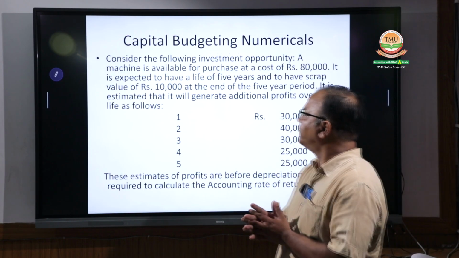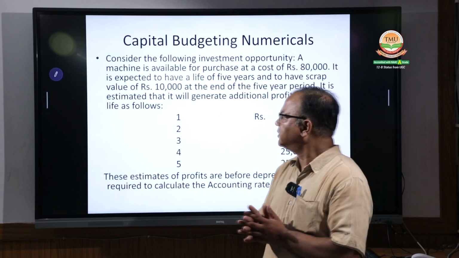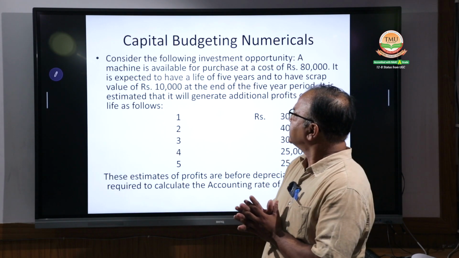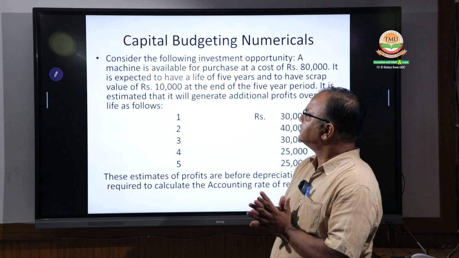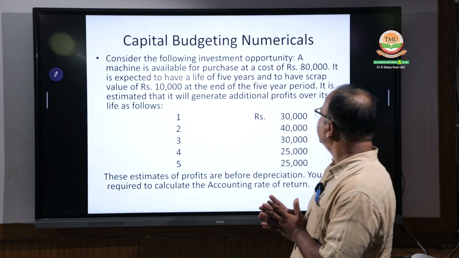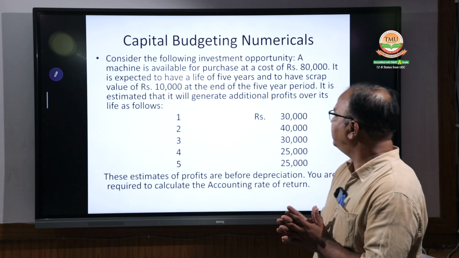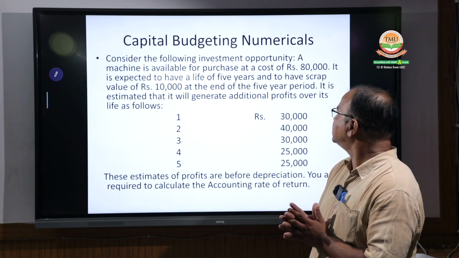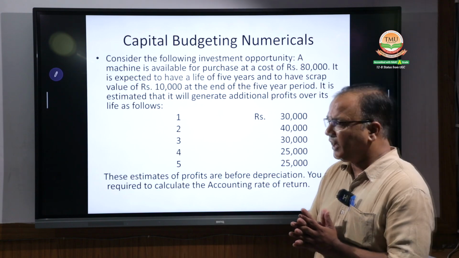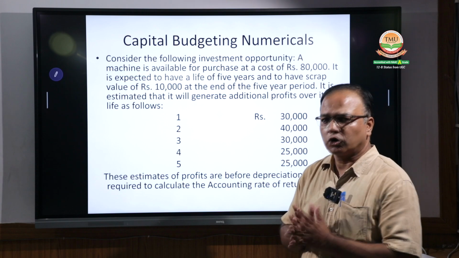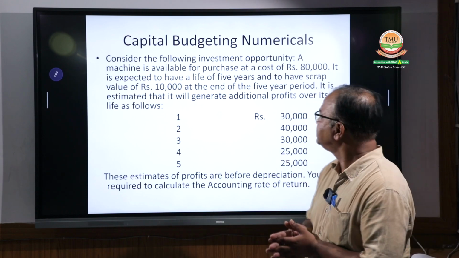This is problem number one. If we read it, consider the following investment opportunity. A machine is available for purchase at a cost of rupees 80,000. It means the cost of machinery is rupees 80,000.